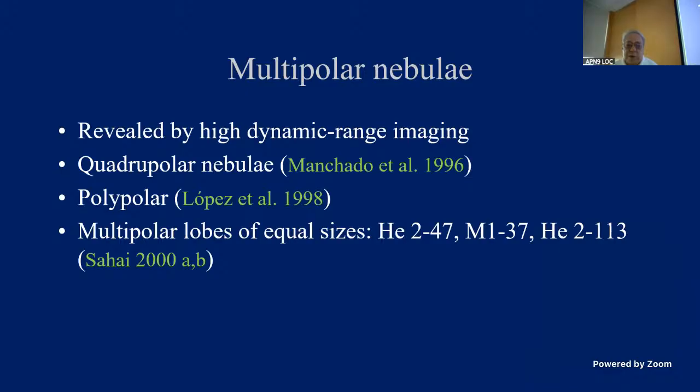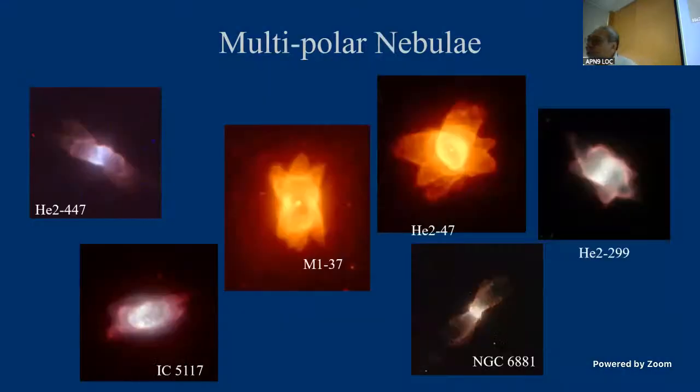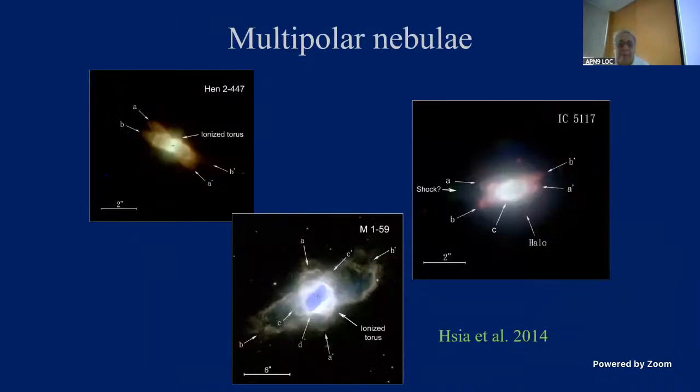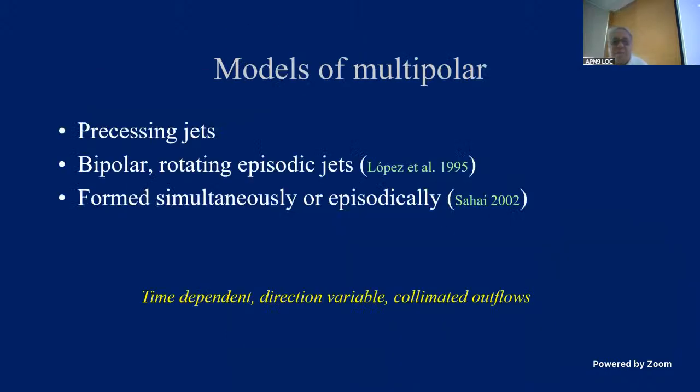So now, as has already been mentioned, we have more complicated things. We have multipolar nebulae, which are already well established. There are many examples, even famous objects like NGC 2440 turn out to be multipolar. And there are many examples indicated by Nobusoka, where you can see pairs of bipolar loops.